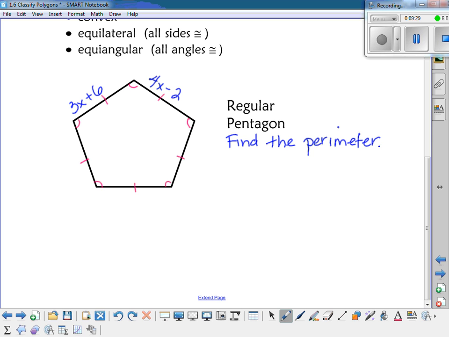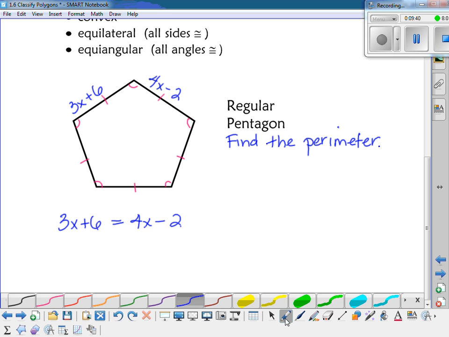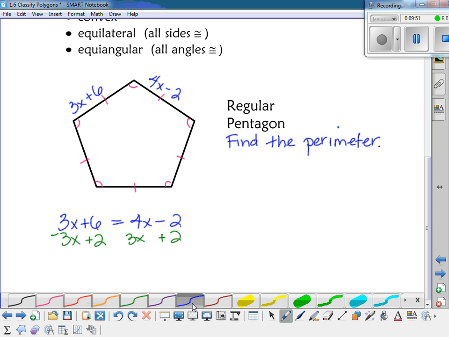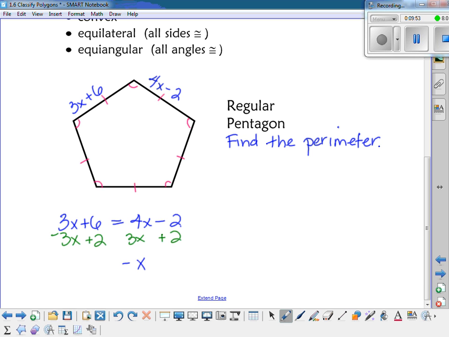So because all the sides are congruent, I know that their lengths are equal, and so 3x plus 6 would have to equal 4x minus 2. So to solve that, I just subtract the 3x from both sides and add the 2 to both sides. And when I do that, I get that x is equal to 8. And now that I know what x is, I can plug it back in.